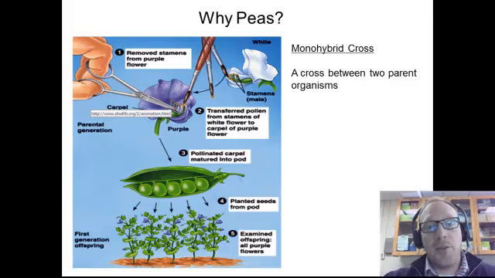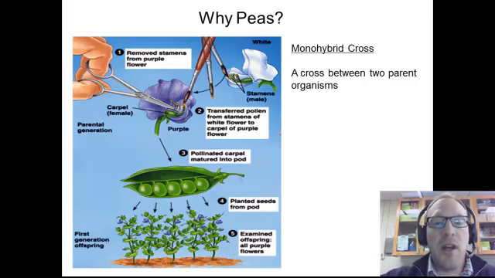I know, kind of cringe when you hear that. He removes the male structures of this purple flowering pea plant by literally cutting away the anthers before the flower is mature enough to produce pollen. And he took pollen from the anthers of a white flower petal plant, for example, and brushed that pollen from this plant onto the stigma of this purple flowering plant.